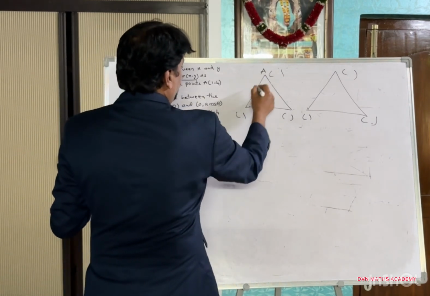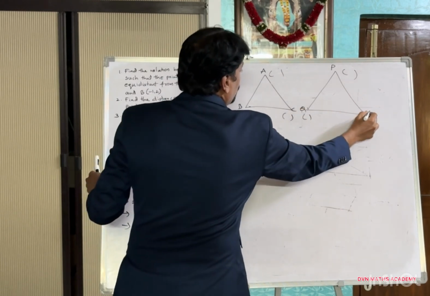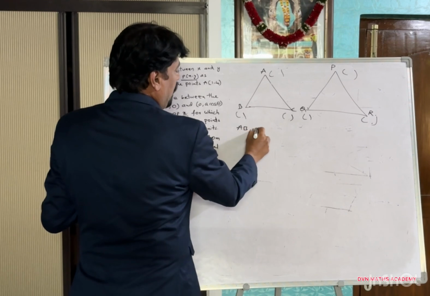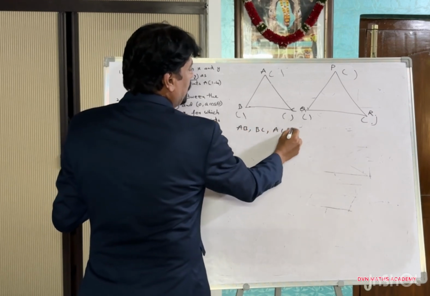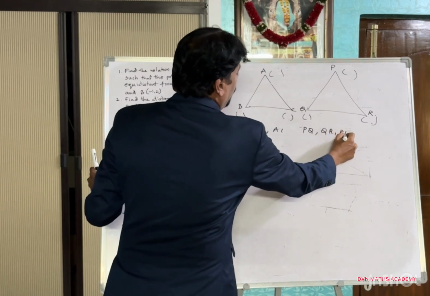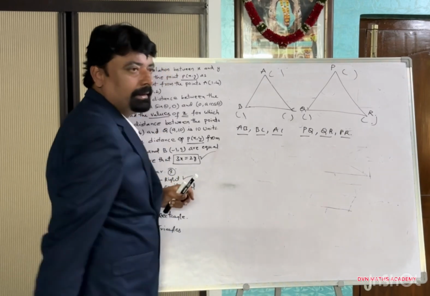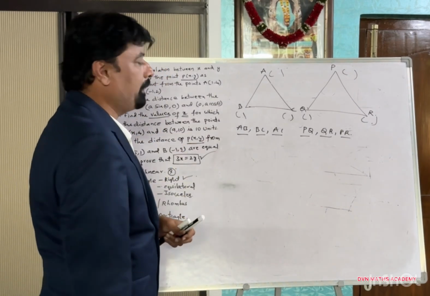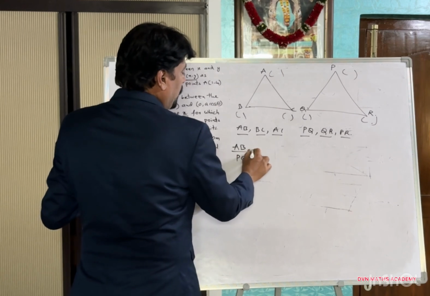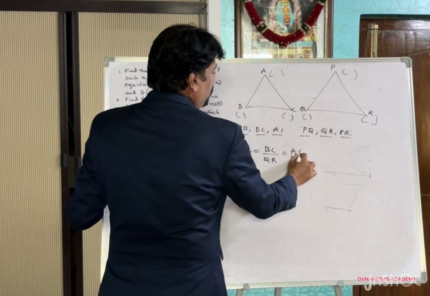For example, say the first triangle is ABC and second triangle is PQR. So here also we are using only distance formula. First you find AB and afterwards BC and AC. In the same way you find PQ and QR and PR. If you find these three sides and these three sides of the given triangles by using the distance formula, you prove AB by PQ is equal to BC by QR is equal to AC by PR.